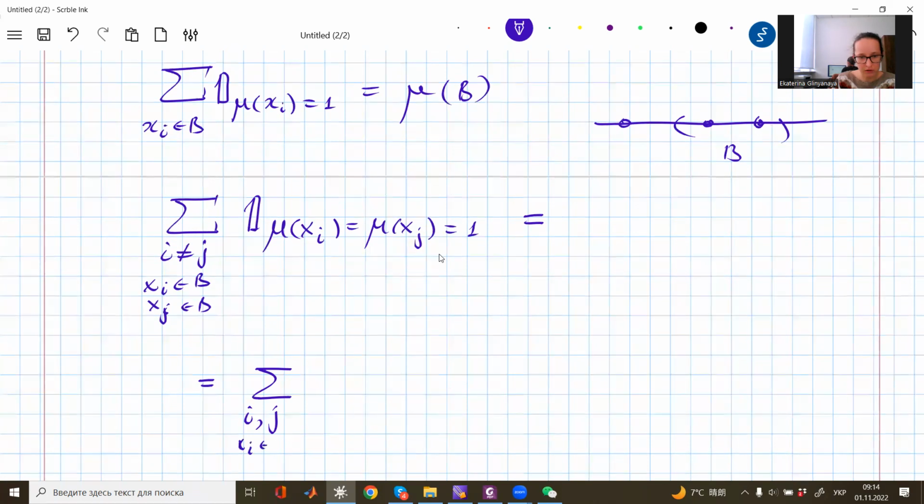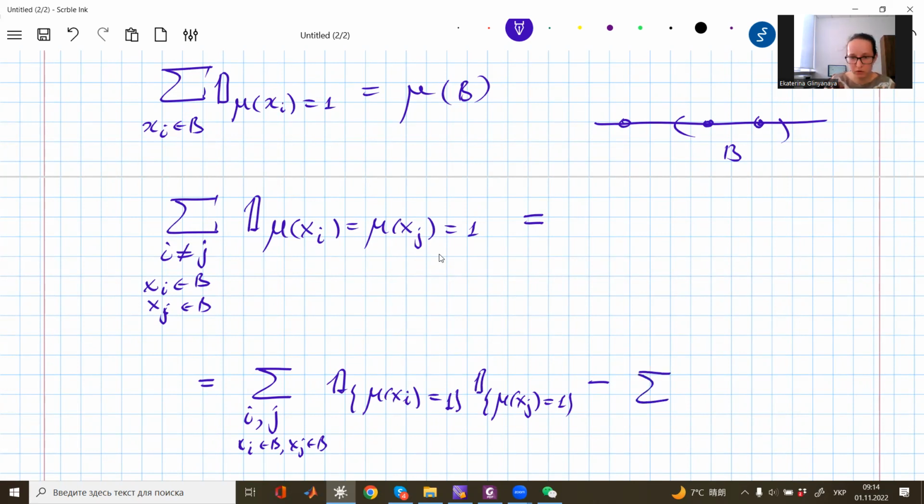So I write the sum over B of the indicator that mu of x_i is equal to 1, as a product, and I should write minus those parts where i is equal to j. So I just write one index, the indicator that mu of x_i is equal to 1.